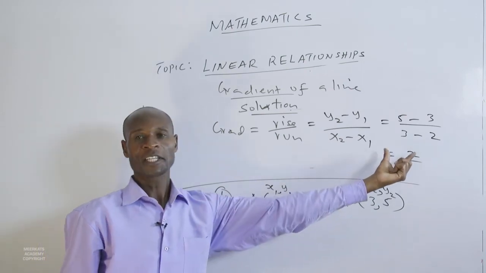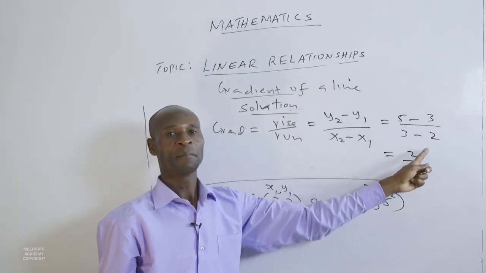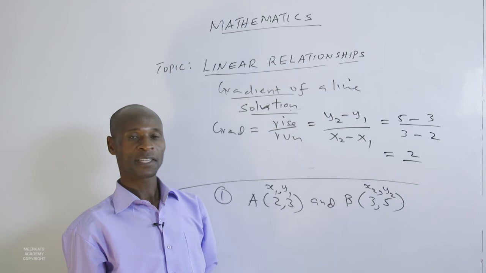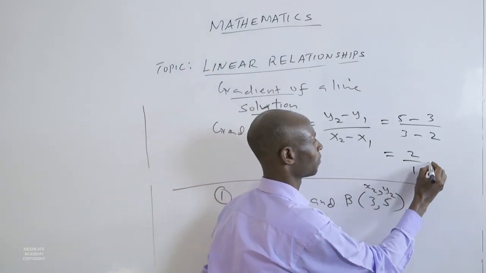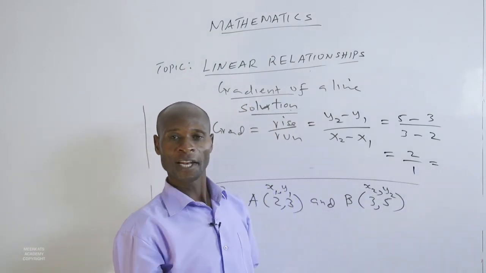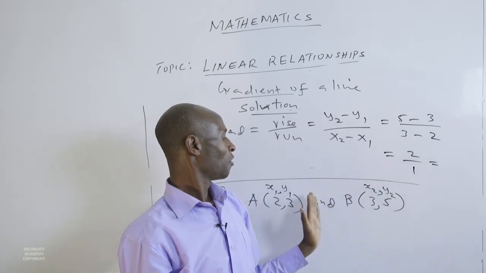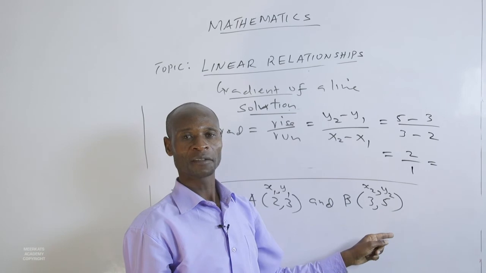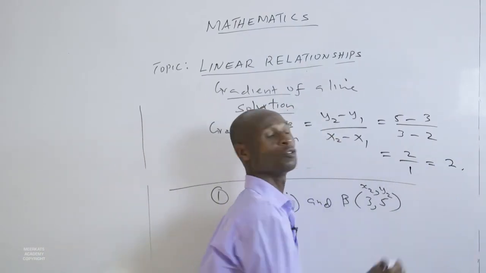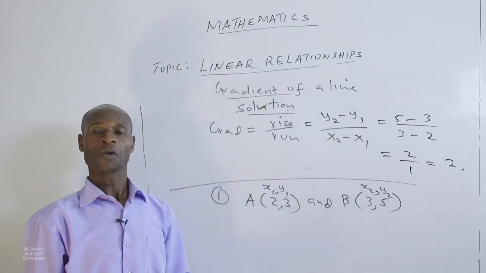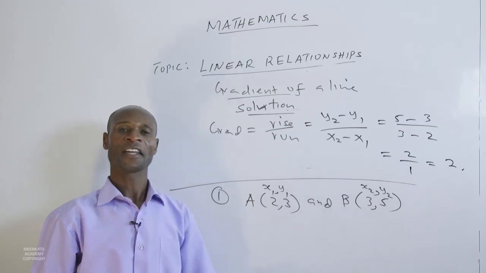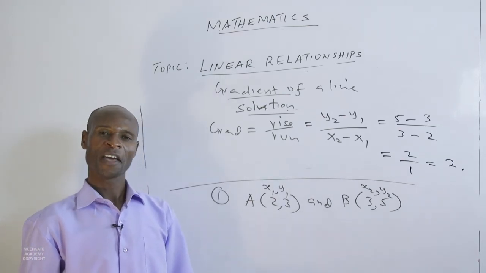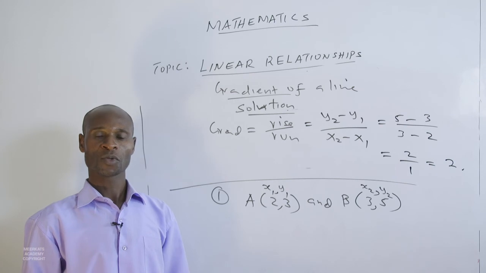Then for the denominator part, we have 3 minus 2, and the result is 1. So finally, the gradient between the 2 points A and B is 2 divided by 1, which is equivalent to 2. So that is how we can find the gradient of any given straight line passing through any given points.